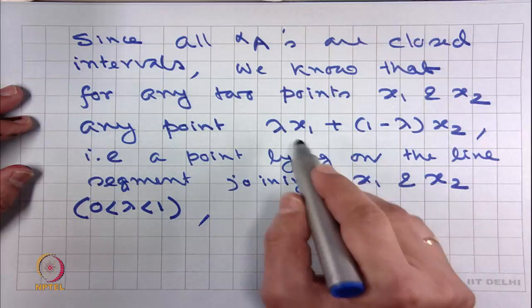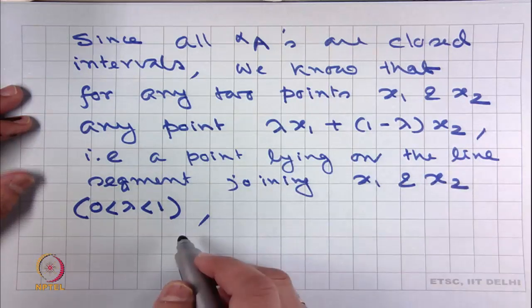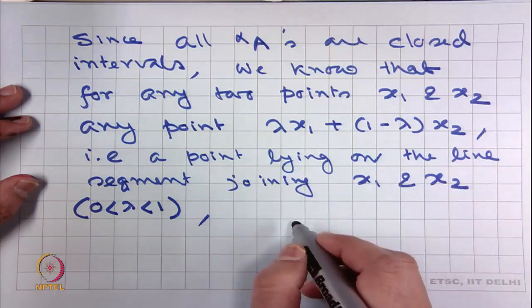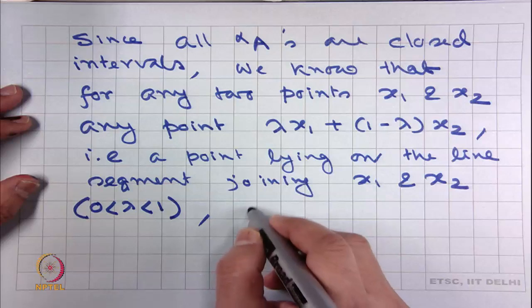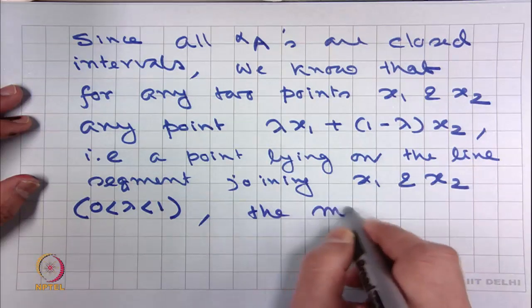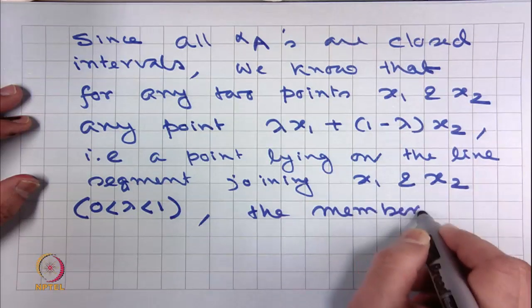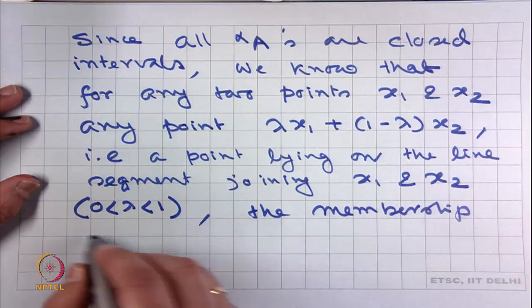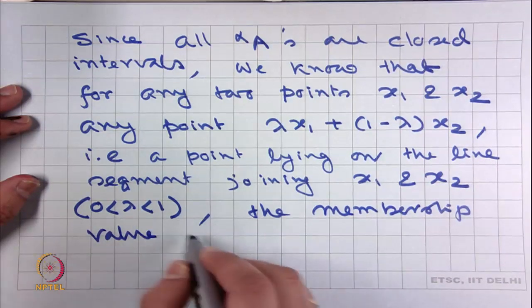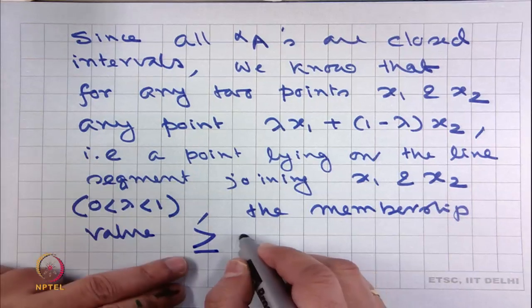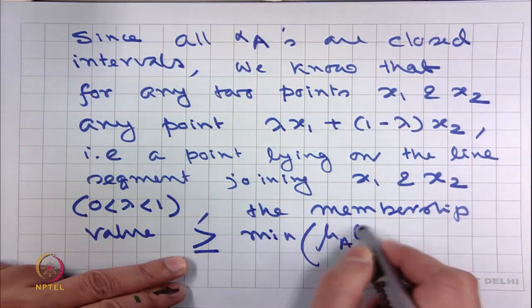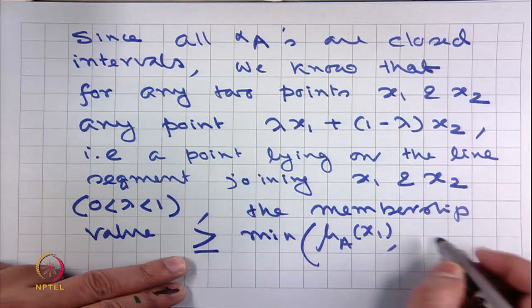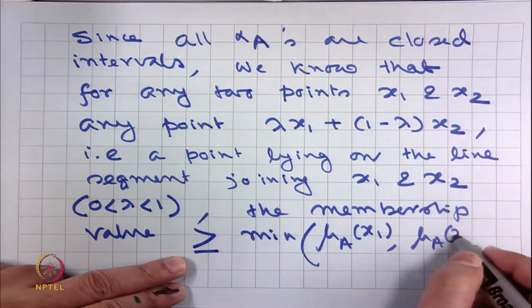So, for any point lying on that line segment, the membership value has to be greater than equal to minimum of mu A of x1 and mu A of x2.